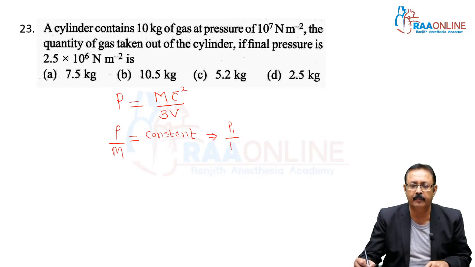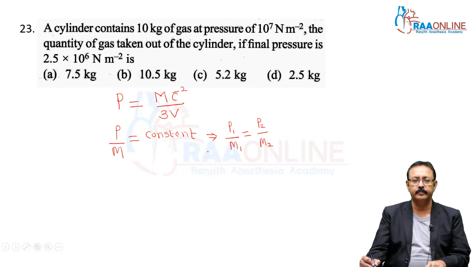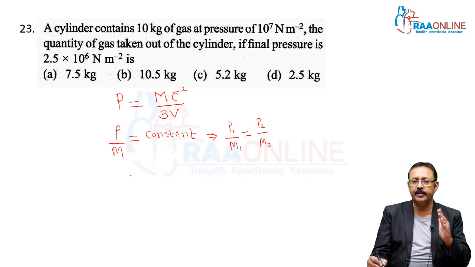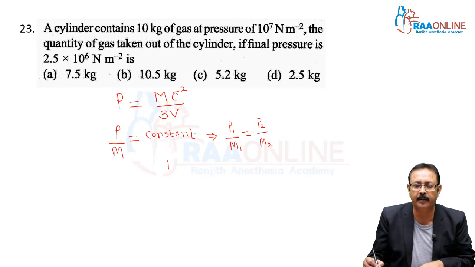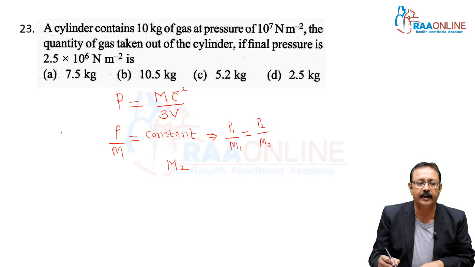If the final pressure is P2, the mass is M2. So P1 upon M1 should be equal to P2 upon M2. We want to calculate what mass should be removed from the cylinder so that the pressure will decrease up to this point. So first we will go for M2. Then we will calculate what mass you remove from there, meaning M1 minus M2. It is your final target.